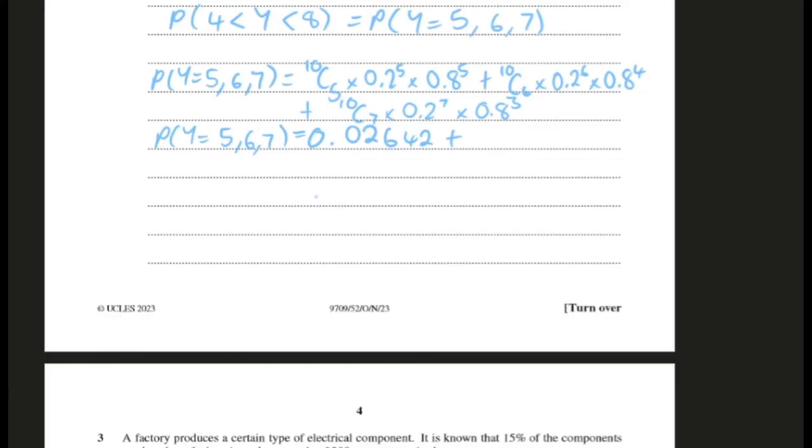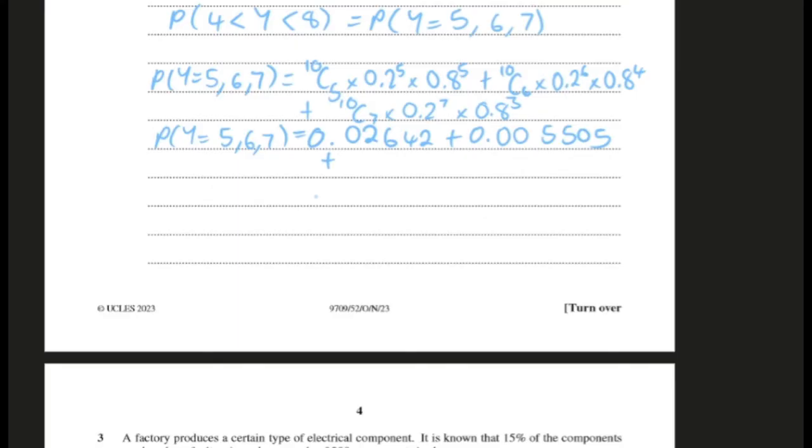That's 0.005505, plus the final one, 10 choose 7 times 0.2 to the power 7 times 0.8 to the power 3.